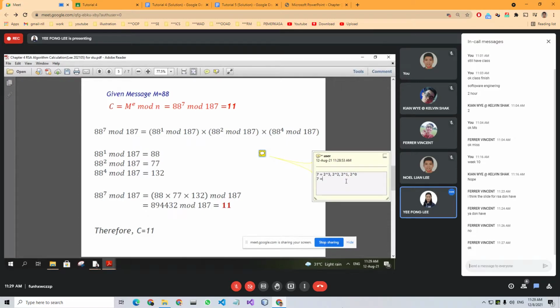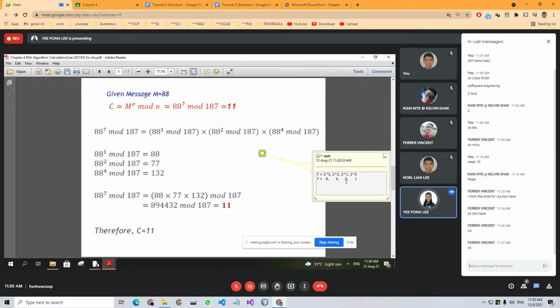So in this case, this is 1, this is 2, this is 4, right? 2 power of 2. This is 8, this is 4, this is 2, this is 1.